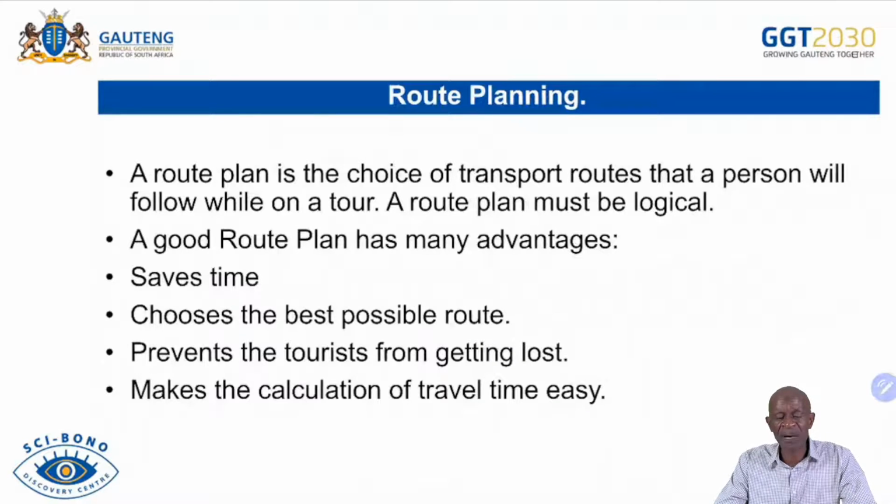I'm just giving you an example to make the concept easier for you here. When you calculate time, you'd say this is my morning activity up to 11 o'clock, and I will drive from 11 to 13 hours for lunch at the restaurant. So you give an account of whatever activity is on your tour plan. So a good route will help you in coming up with exact calculation of time.